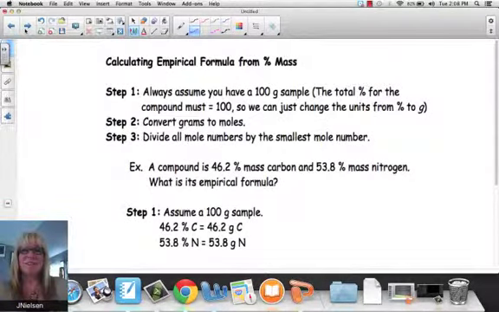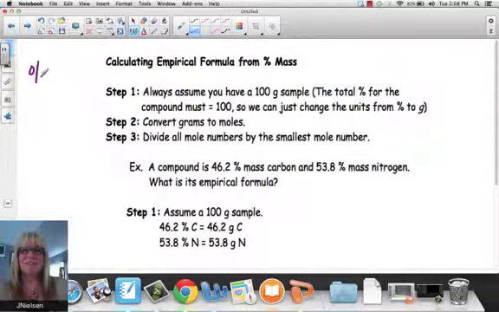Now, sometimes we will have to calculate the empirical formula given the percent composition. And there are rules here, but I'm going to tell you something that's a little bit easier. First of all, we always assume that we have a 100-gram sample, and if we have a 100-gram sample, that's 100%.